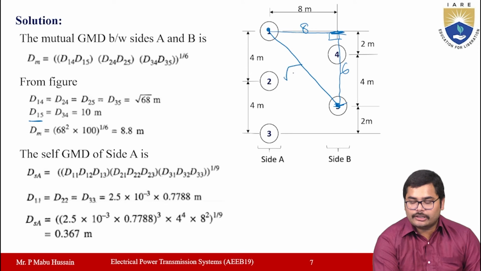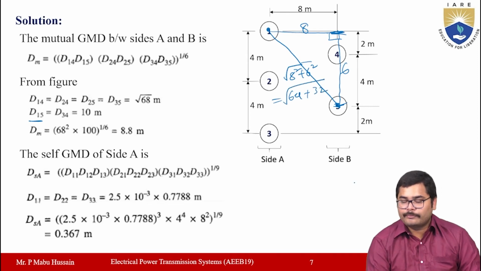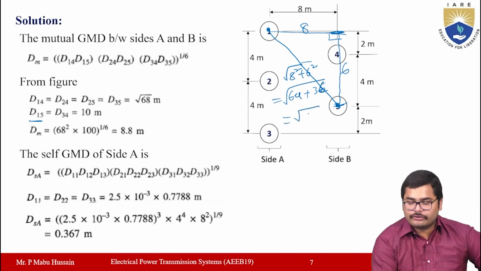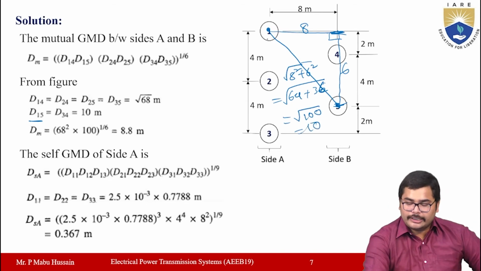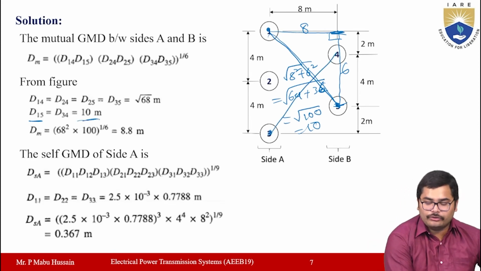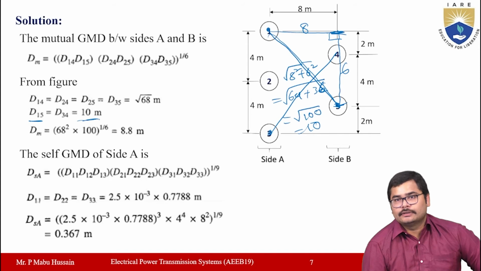So this value will be under square root 8 square plus 6 square, which is 64 plus 36, sorry. So this value will be under square root 100, which is nothing but 10. So D15, as well as D34 if you calculate, you will get the same, which will be equal to 10 meters.